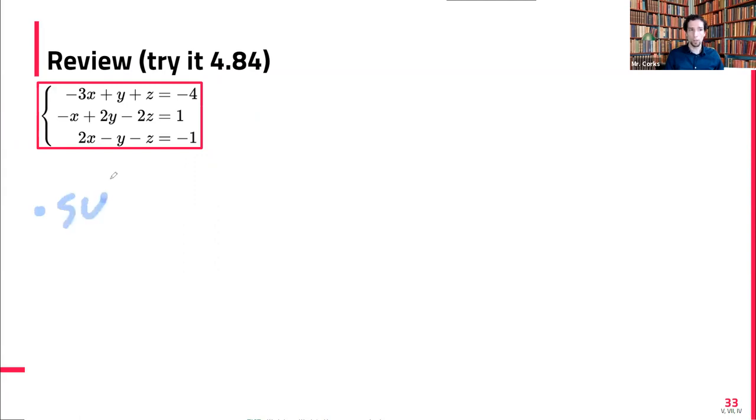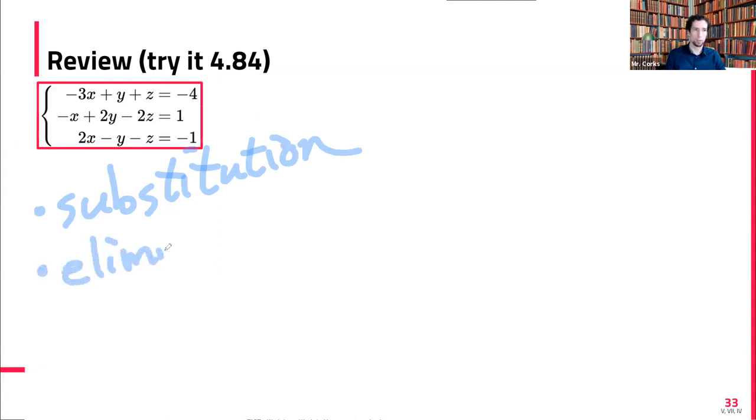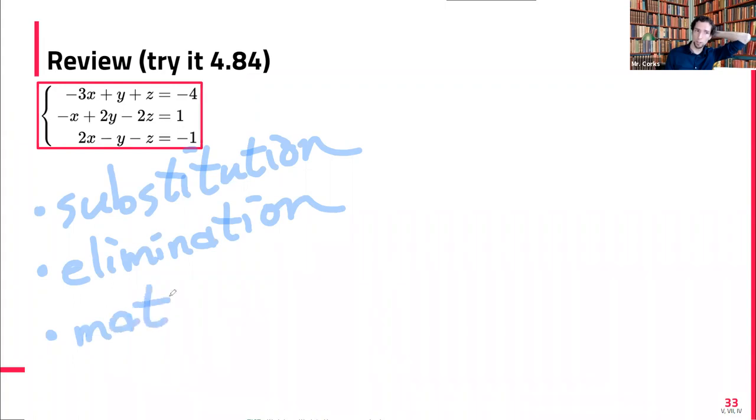We could do our regular substitution we talked about before, and we could also do our regular elimination. But if it's a larger system, definitely matrix elimination, or Gauss-Jordan elimination, can be faster for us.